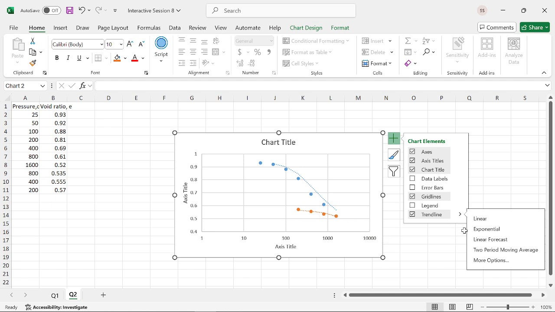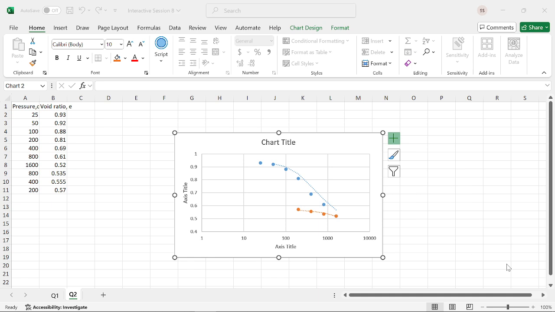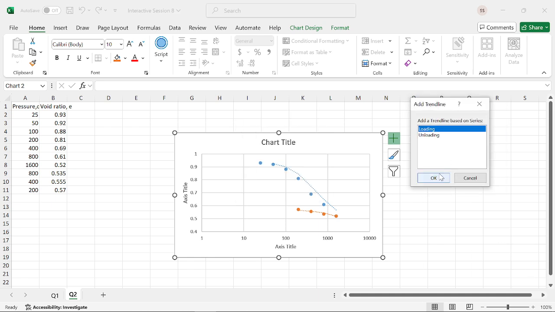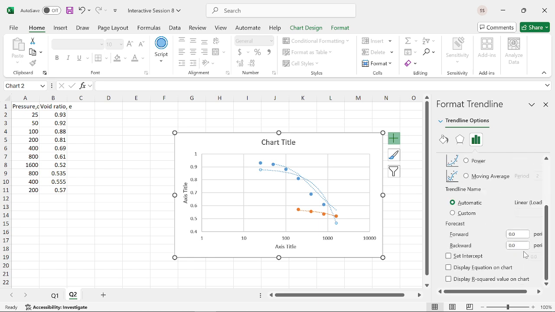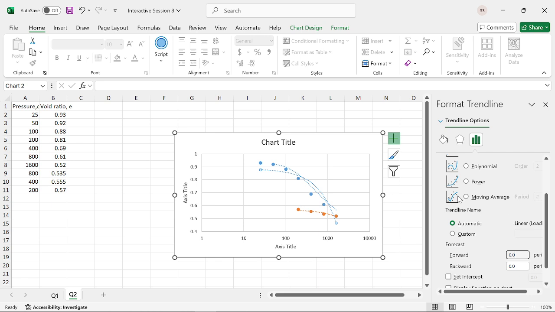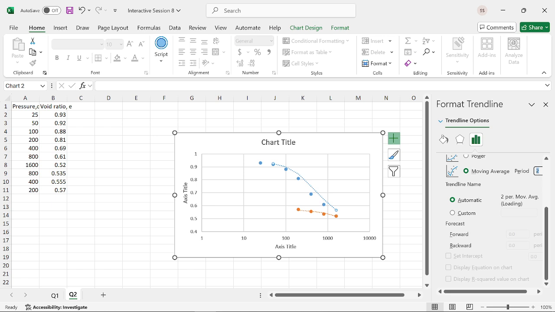So we will have, for loading, we will predict backward or do we predict forward? 2 periods.